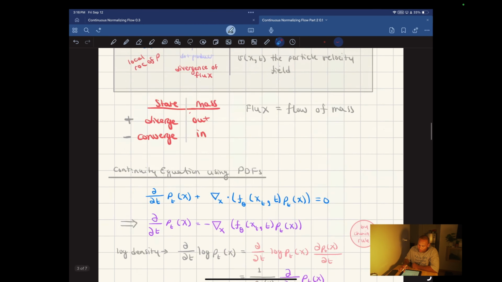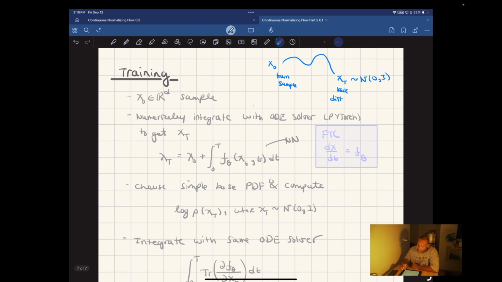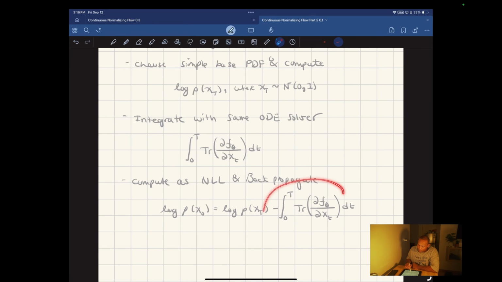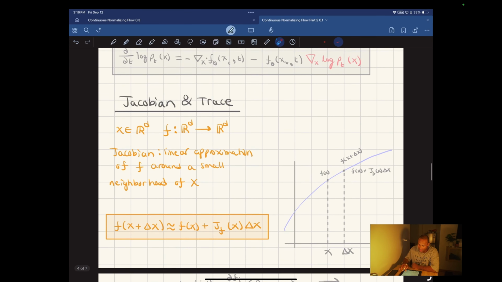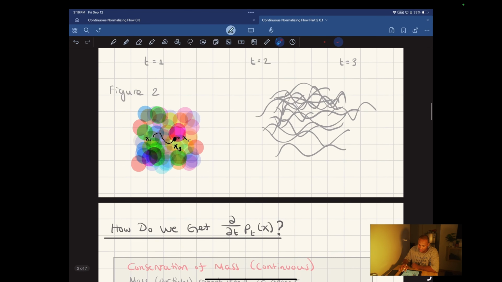According to our continuity equation, we're getting some measure of how flux, how mass, is moving in and out of an infinitesimal volume, which is represented by a locality along our trajectory.